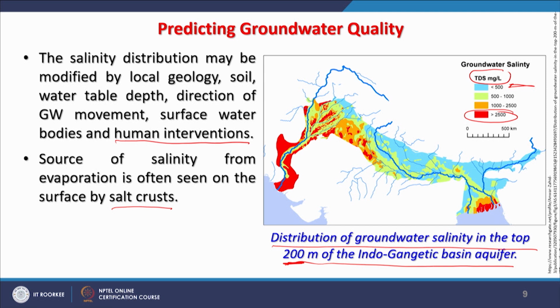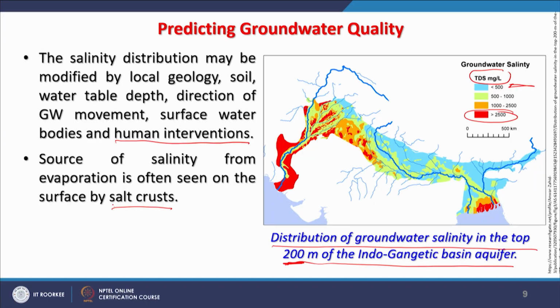And there are areas in Punjab and Haryana where intense irrigation is done, which means shallow groundwater conditions, and there is no proper drainage system. Therefore, whatever fertilizers and everything are put in the agricultural field, because of shallow groundwater conditions and evaporation, the salt is left on the soil surface and the water disappears.